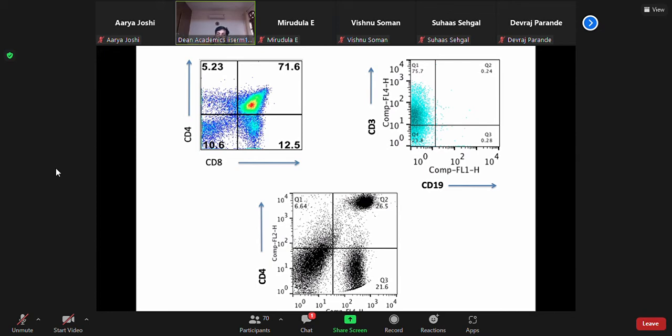Then you try to set a gate. It also depends on what concentration of antibody you have used. These are the things you need to optimize before you perform any flow cytometric staining. You have to use different concentrations, for example 1:50, 1:100, 1:500, and then find out at what particular concentration of your antibody the positive population is positive and the negative population is negative.